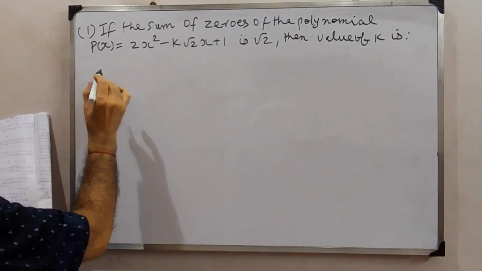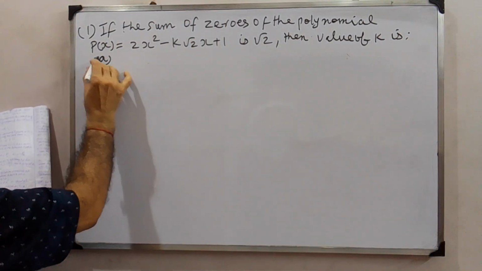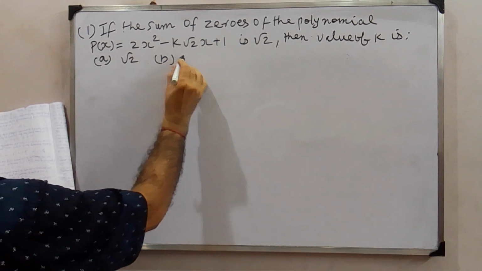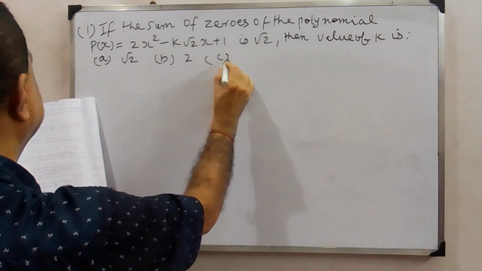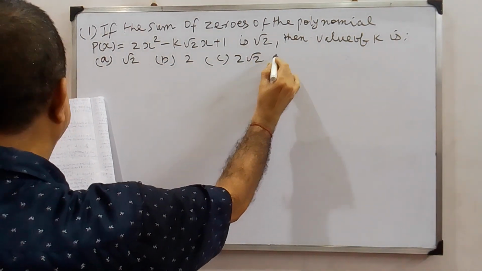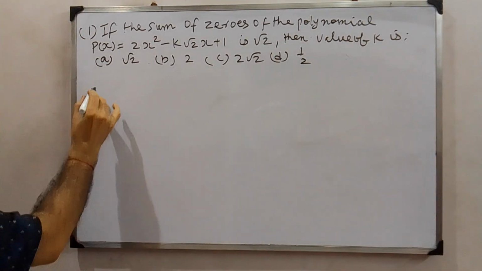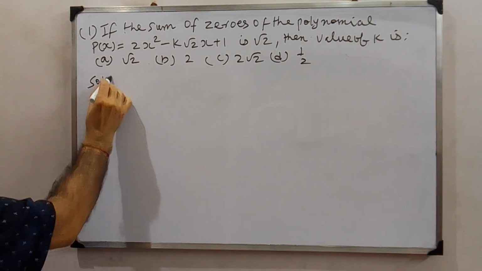The 4 choices are: A, root 2; B, 2; C, 2 root 2; and D, half. Now see how we will solve this question.